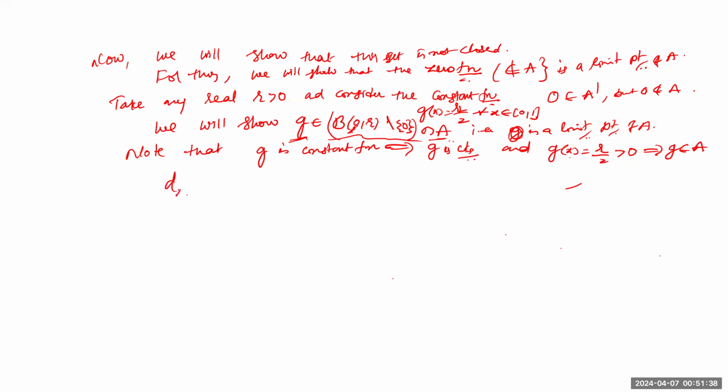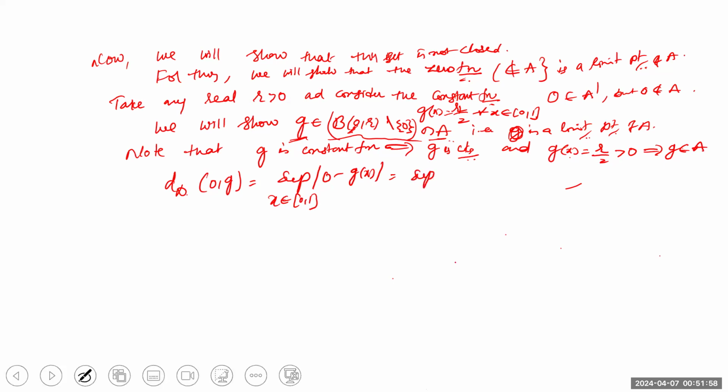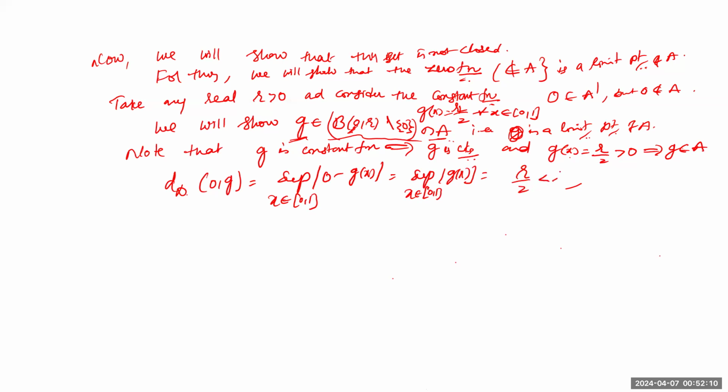The d infinity of 0 comma g is equal to the supremum of the modulus of the 0 function minus g of x, where x belongs to 0 comma 1. That is equal to the supremum of mod g of x, where x belongs to 0 comma 1. But we know that is equal to r by 2. R by 2 is less than r.